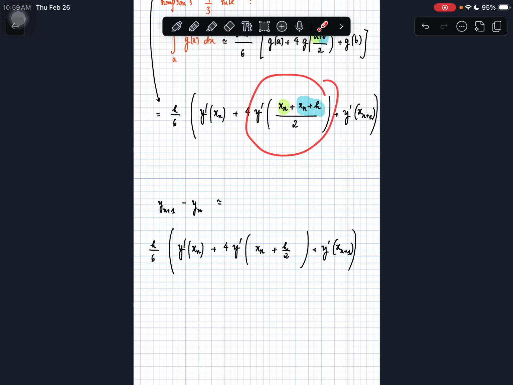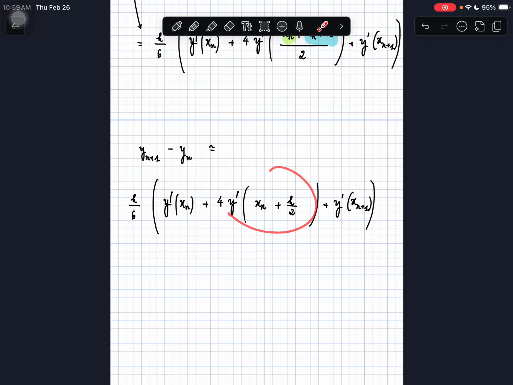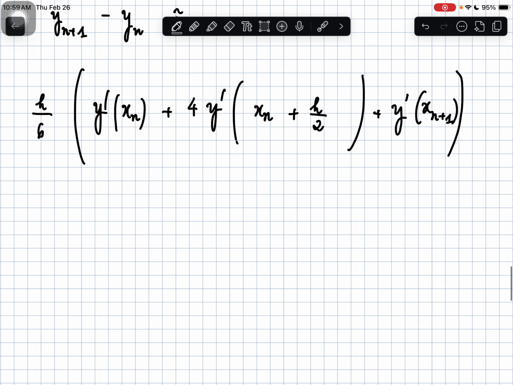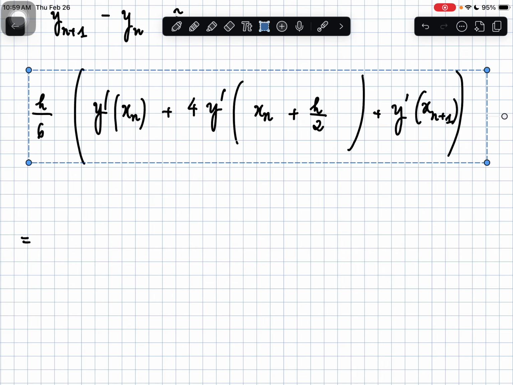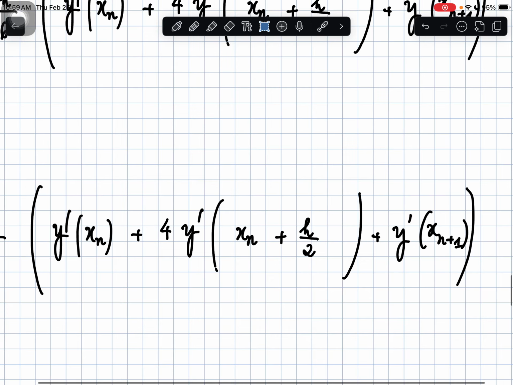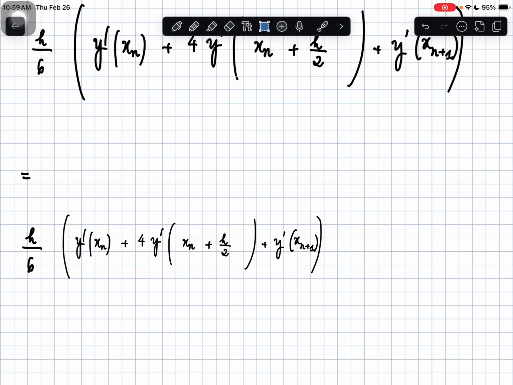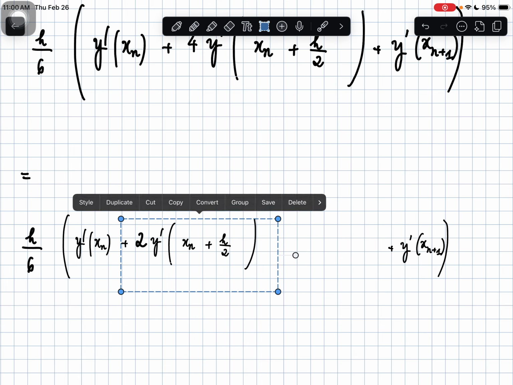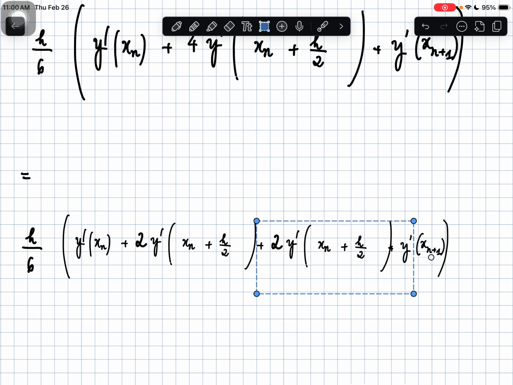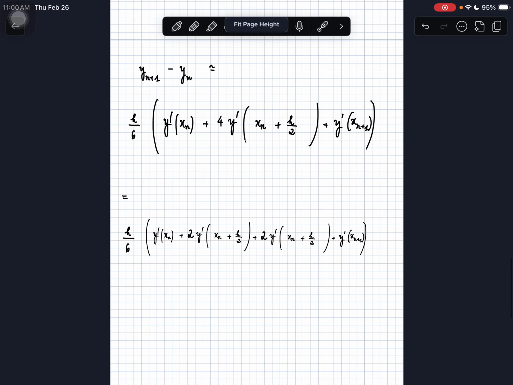I just rewrite this first, and now I break this into 2 times this plus 2 times this. That's what they do for this method. Okay. So we still have 4 times this.